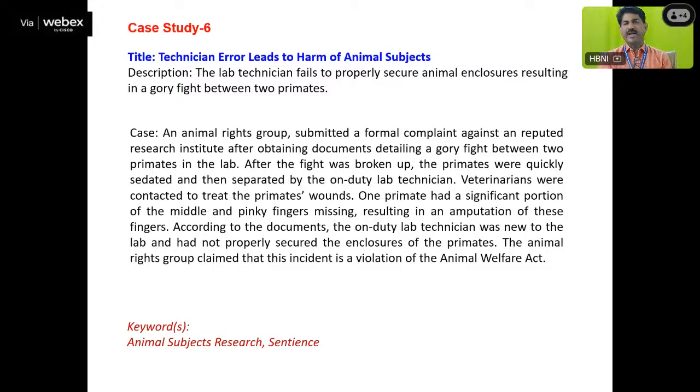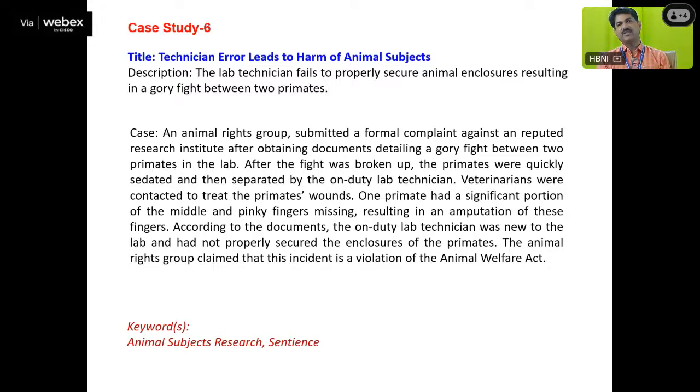So when the animal rights group came to know about this particular incident, they raised the question that there is an ethical issue, and the Animal Welfare Act tells that we have to be sensitive towards the animal, and we have to take proper care even during our study. So this has not been taken care of.